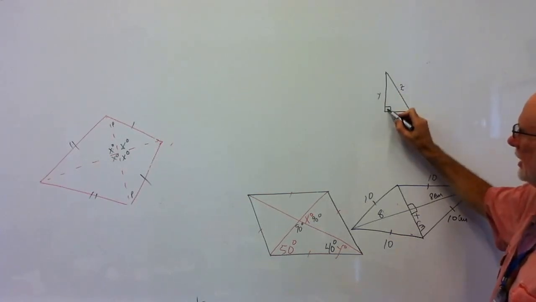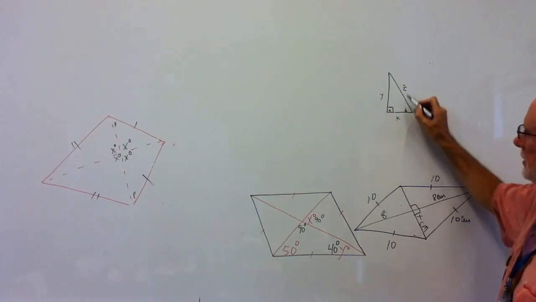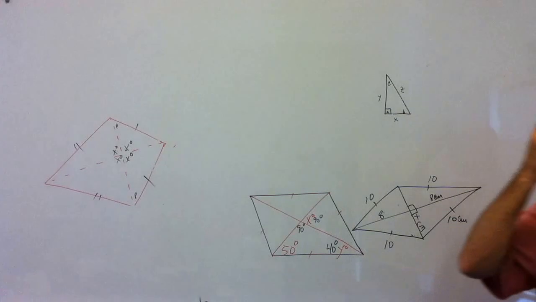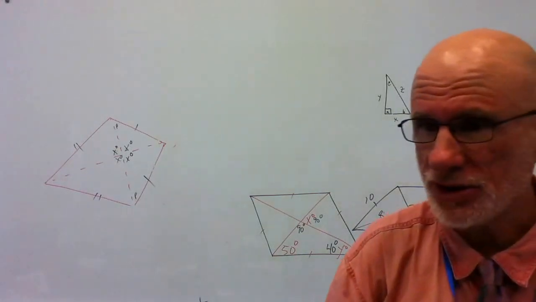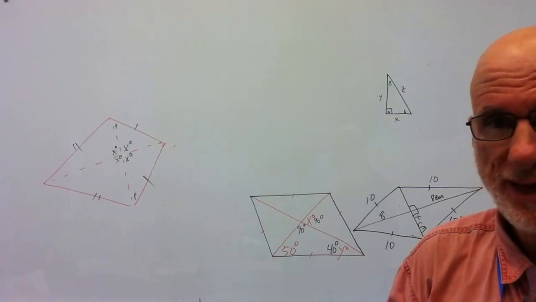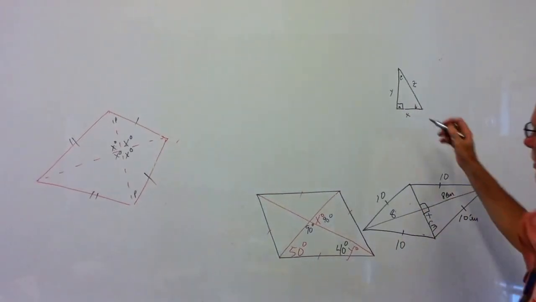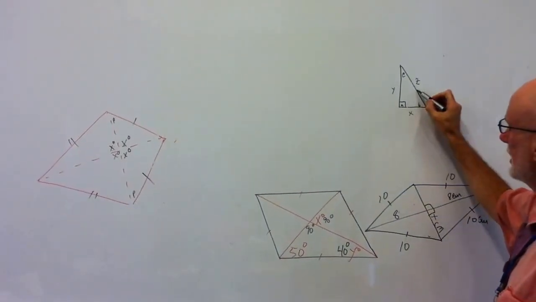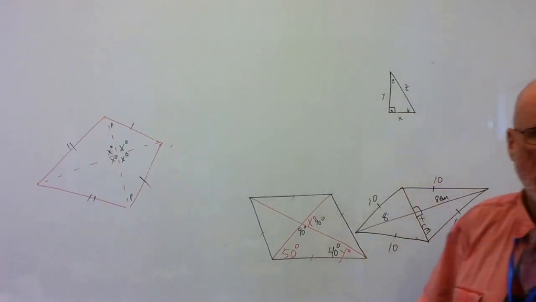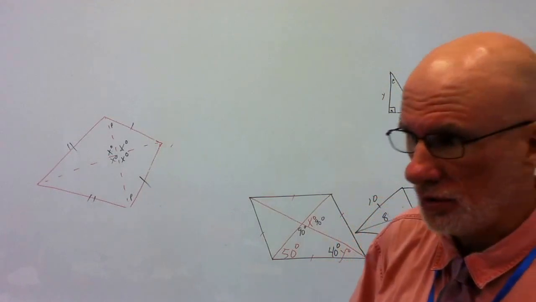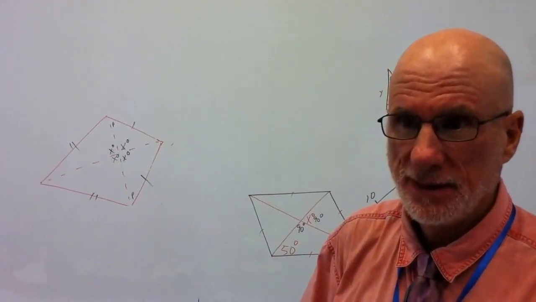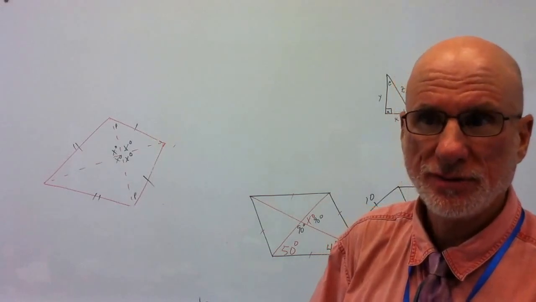This is going to be angle A, B, C, right? What's going to be the longest side? What's going to be the largest side? The side opposite the largest angle. So this is the largest angle, isn't it? So that's going to be the longest side, right? What is the side opposite the 90-degree angle called? The hypotenuse.